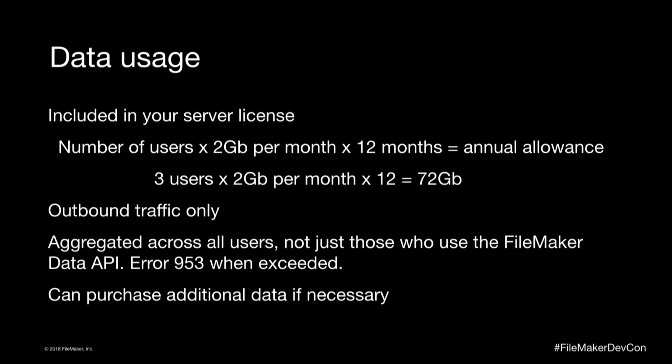The bit about the family plan is kind of important because that 72 gigabytes, I could use that in the first week. And I can use the whole lot over any amount of time. So whilst it's an amount per user per month, actually it's just a whole blob of data that you can use at any point.